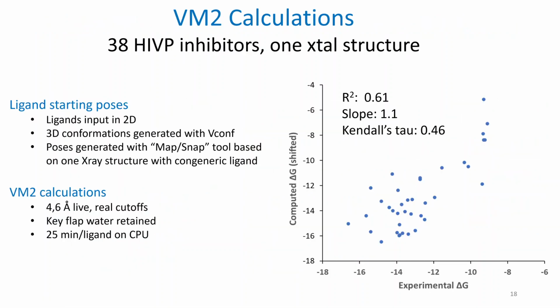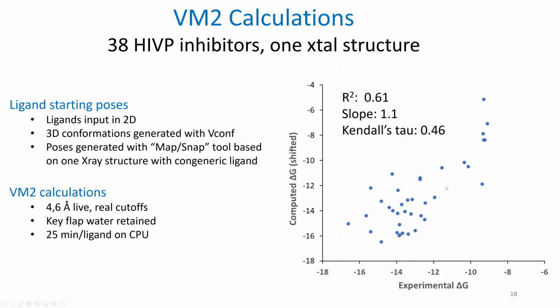What we did here was start with entirely unknown ligand conformations for almost all of them. So the ligands were input in 2 dimensions. There was one compound where there was a crystal structure with a pose for one of these ligands in the congeneric series. And what we did was use what we call our map snap tool, which looks at the bound ligand, looks at the ligand you want to fit into the binding site and compute the affinity, finds a common substructure, does a structural overlay, and then fits the rest of the ligand into the binding site to make a pose.